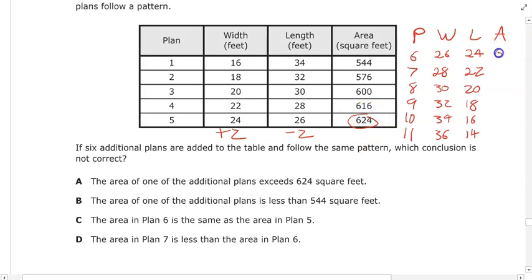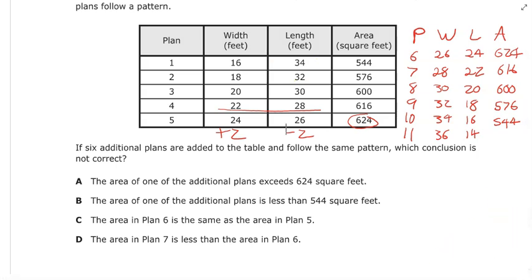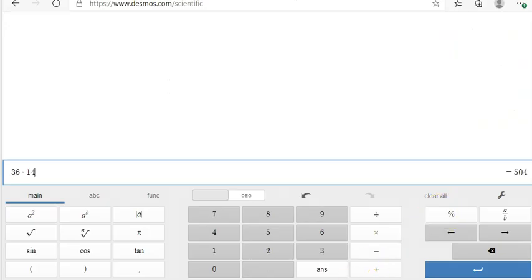So 624. Same thing for the next one, 28 and 22. That was already given for us here. And we get 616. And 36 and 14, we get 504.